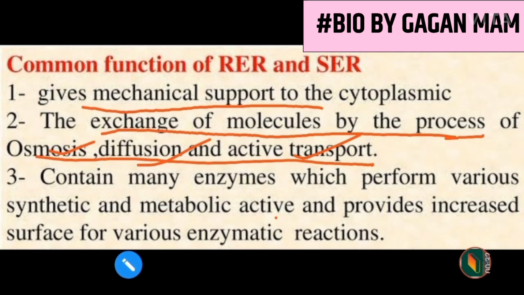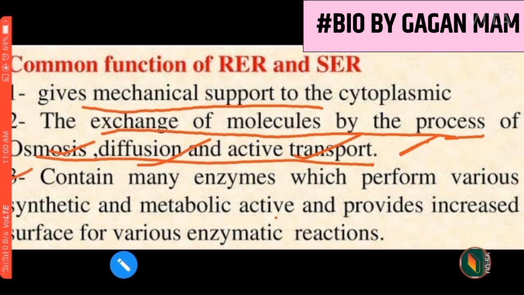ER forms an intracellular conducting system, and it's responsible for transportation of material in cytoplasm from one place to another. As you know, it's connected to the plasma membrane, so it's also involved in the secretion of material outside the cell. Next function, it's involved in cellular metabolism.